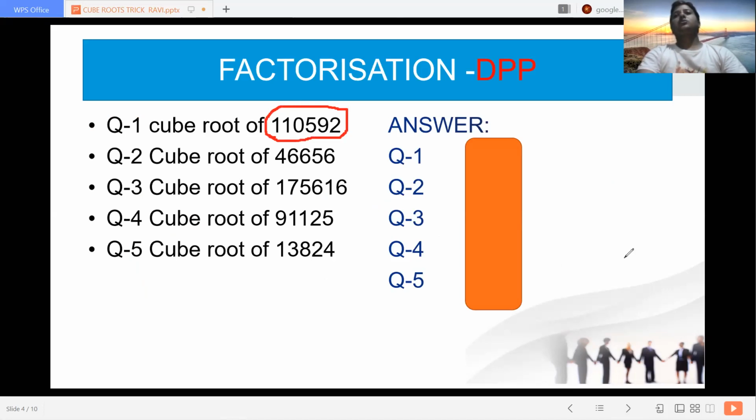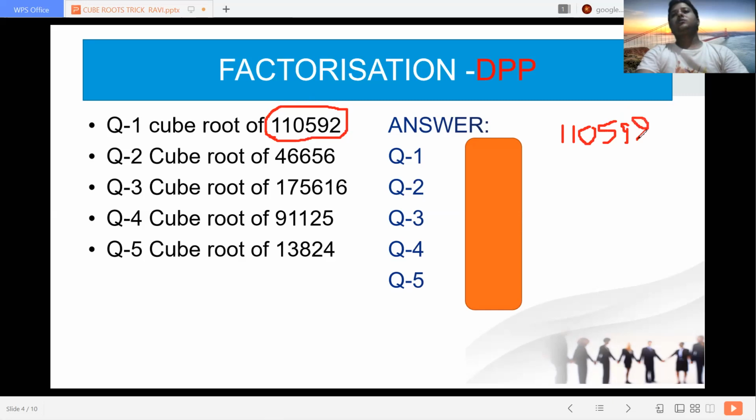What we have to do by factorization method: 110592.